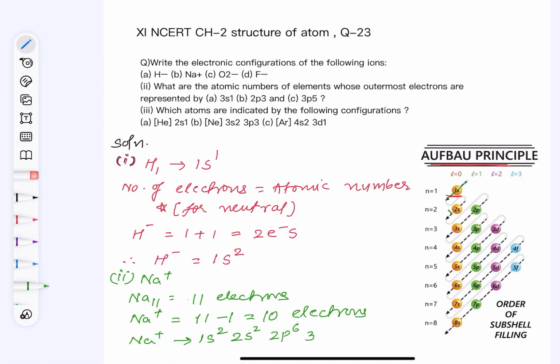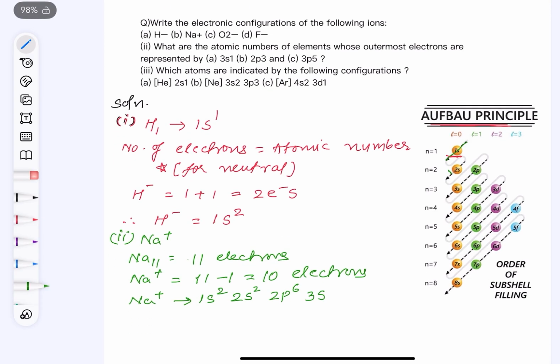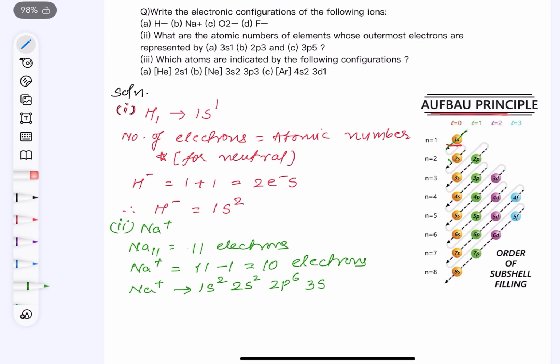Then 3s. Should we fill anything in 3s? No, because we need to write the configuration of only Na plus with 10 electrons. So 3s will be 0, or you don't have to write it. Had it been Na, it would have been 3s1. So the configuration for Na plus would be only 1s2, 2s2, 2p6.